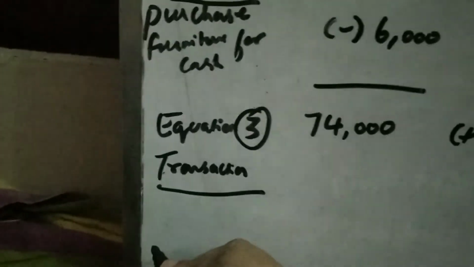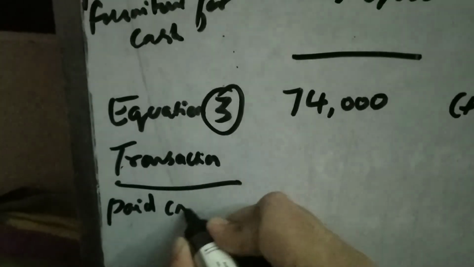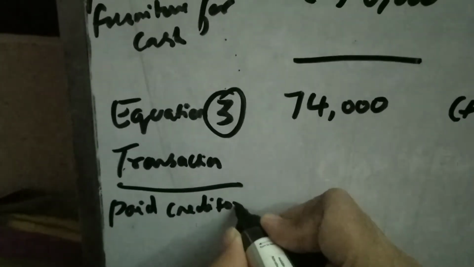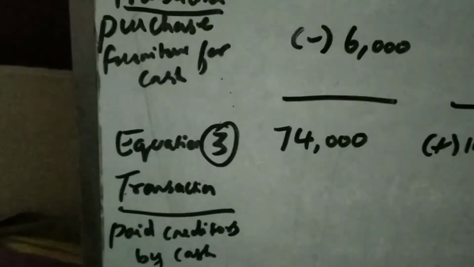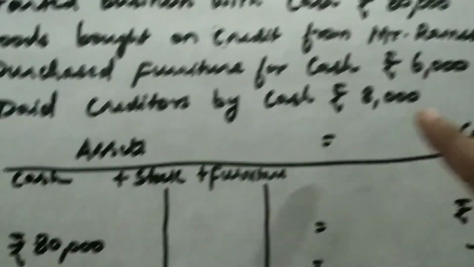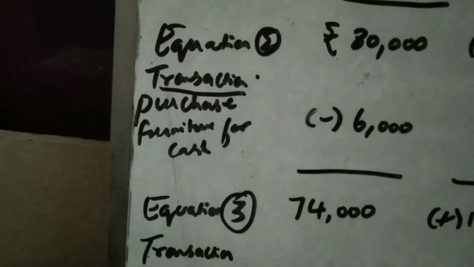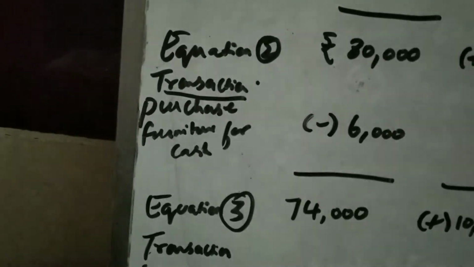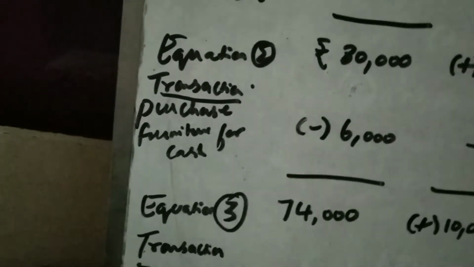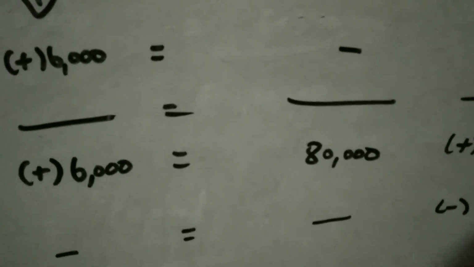Now, fourth transaction. Paid creditors by cash 8,000. So we are going to deduct 8,000 from cash. There is no change here, here, or here. On the liability side we are going to deduct 8,000 too.